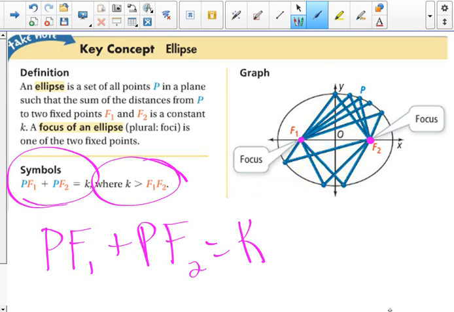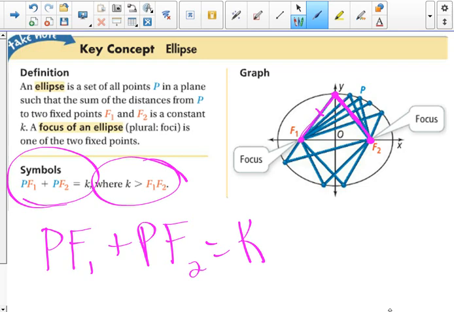So what they're saying is that the sum, if we pick a point and we measure it to these two points, to these two foci, or to our two focus points, when we add these together, it's going to equal a constant.